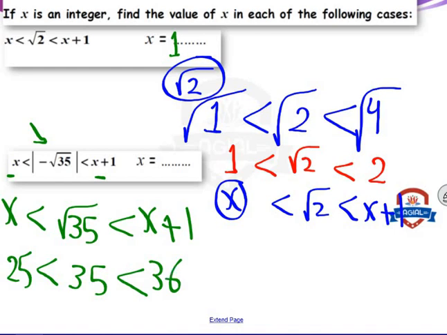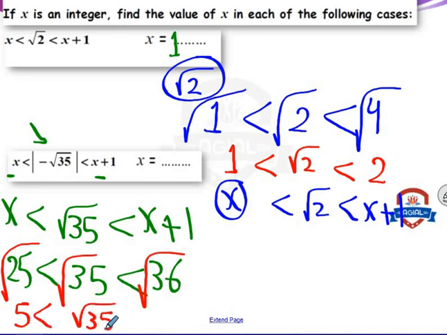Then find the square root of each number. The square root of 25 will be 5, and we put the square root of 35. Here we have the square root of 36, it will be 6. So the square root of 35 is between 5 and 6.